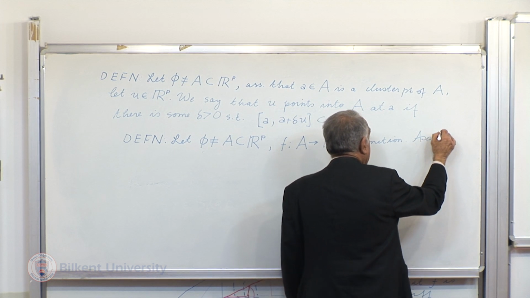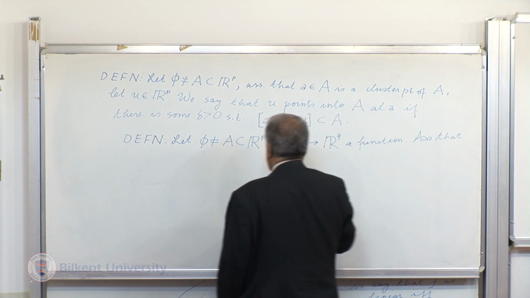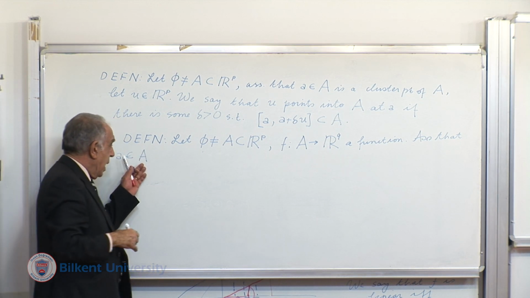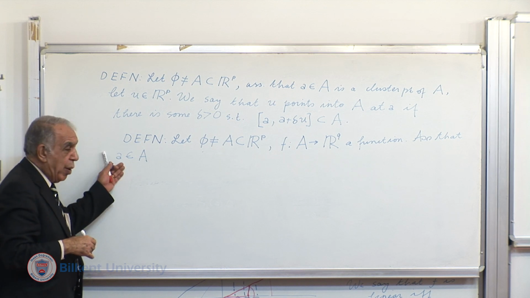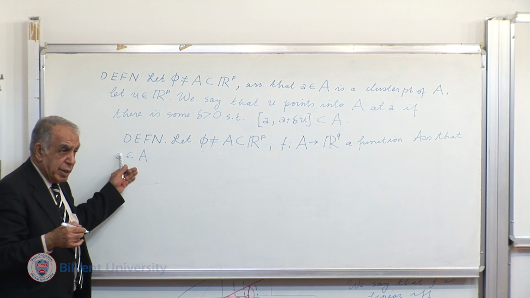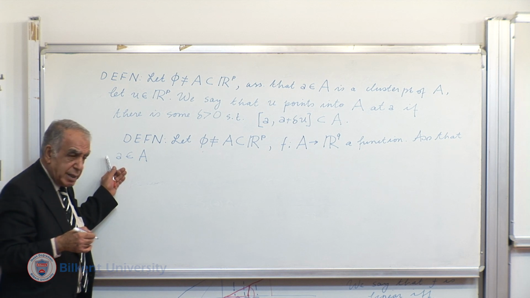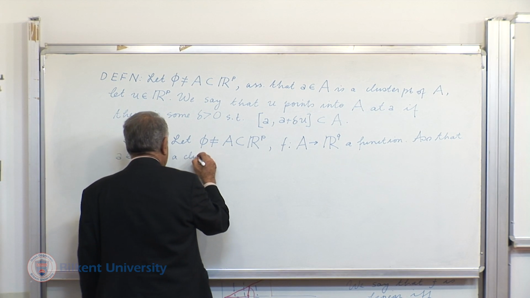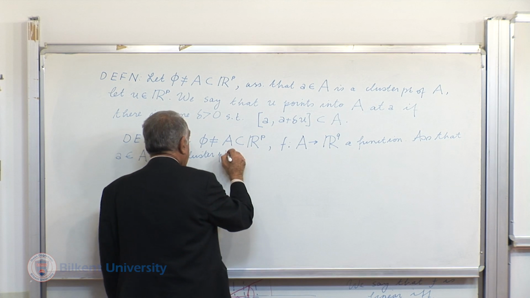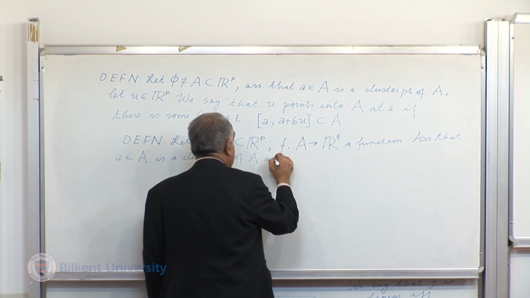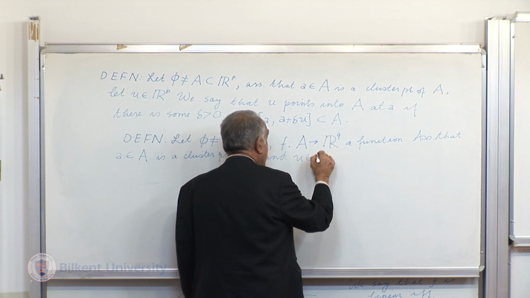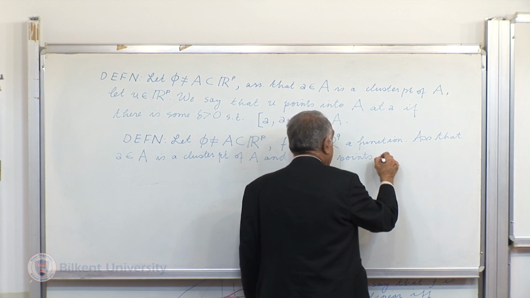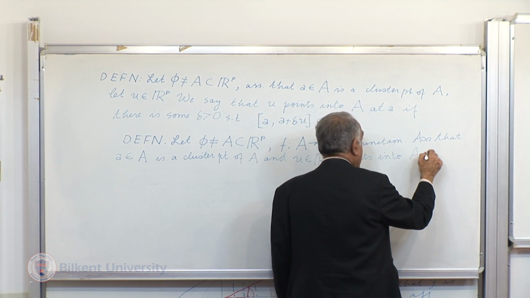Now we assume that small a is a point of capital A, but as usual, we wish to approach this point a via other points in capital A, so we require that a in capital A is a cluster point of capital A, and we take some u in R^p, which points into A at a.